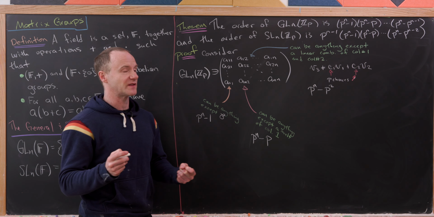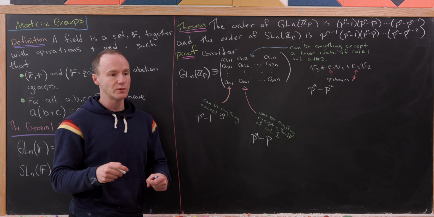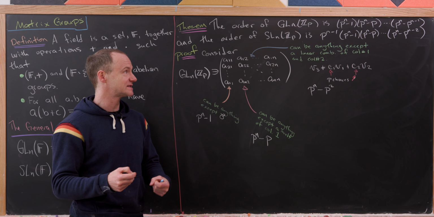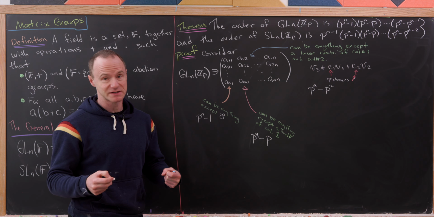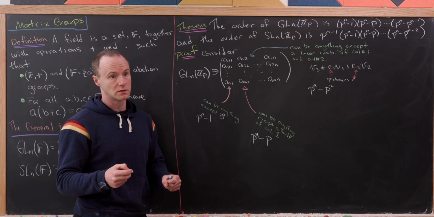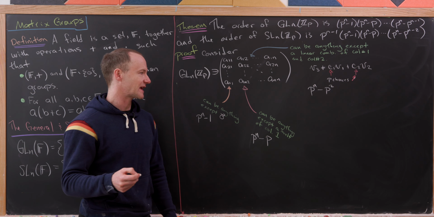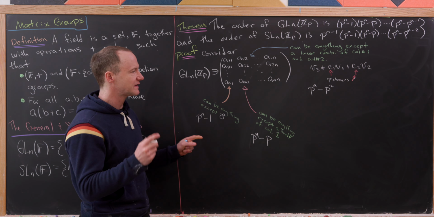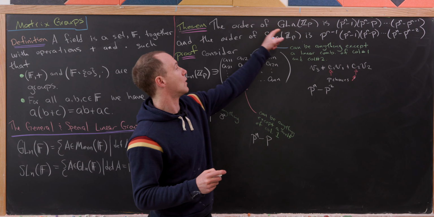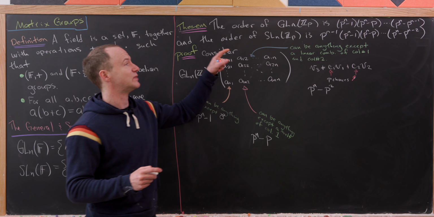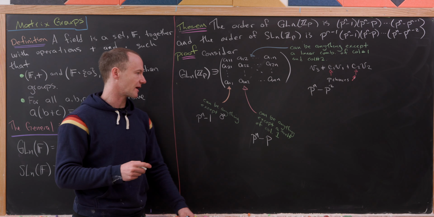So in the end, for the kth column, you will have p to the n minus p to the k minus 1 total choices for that kth column. So now putting this all together, you get the order of GL_n(Z_p) is, well, what we have there.